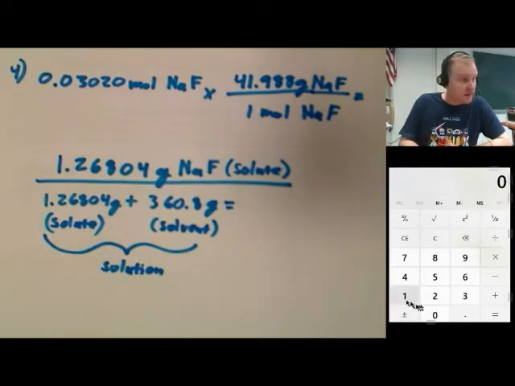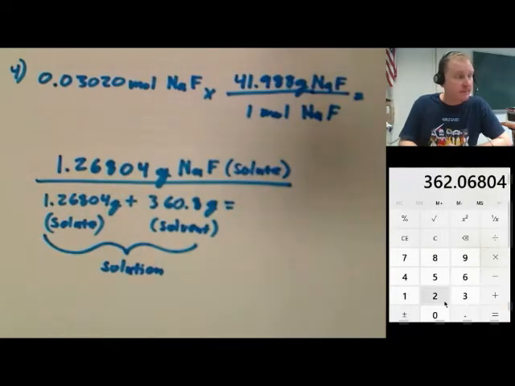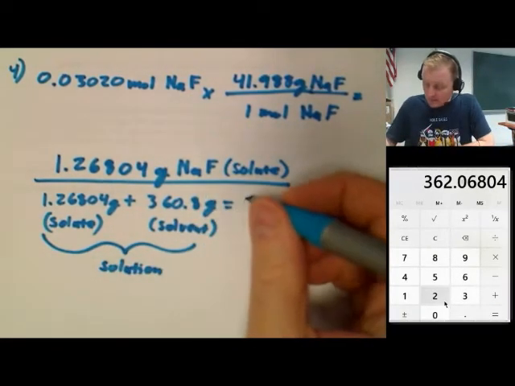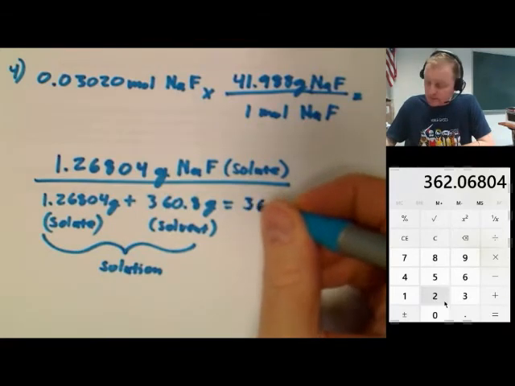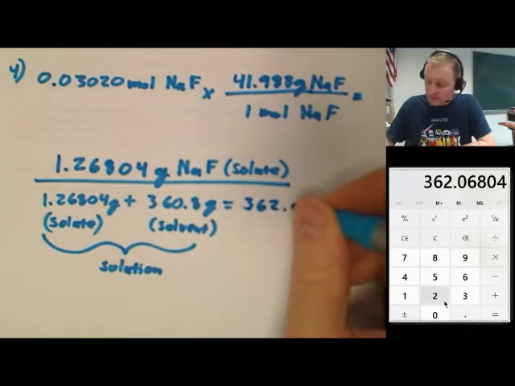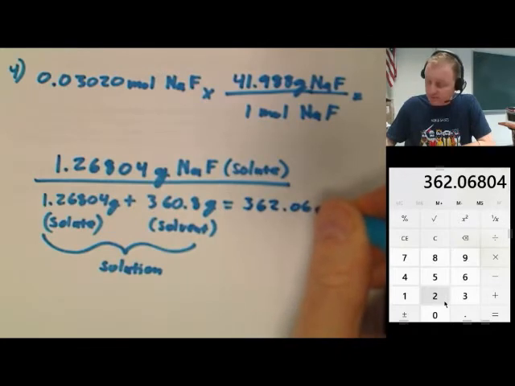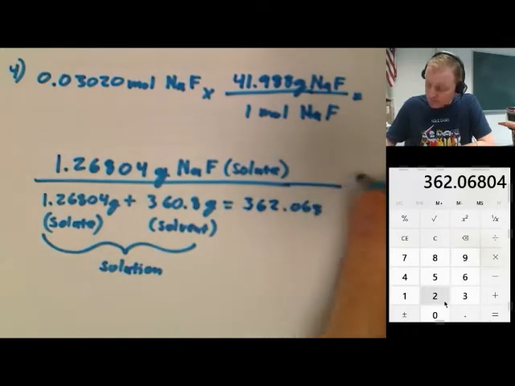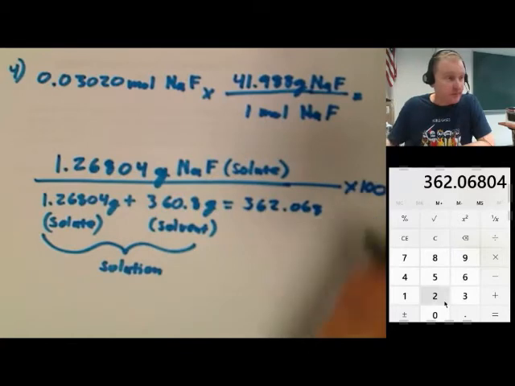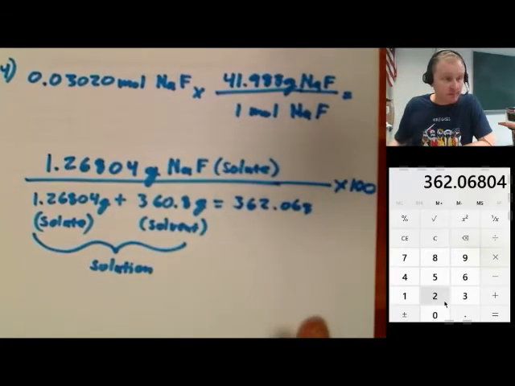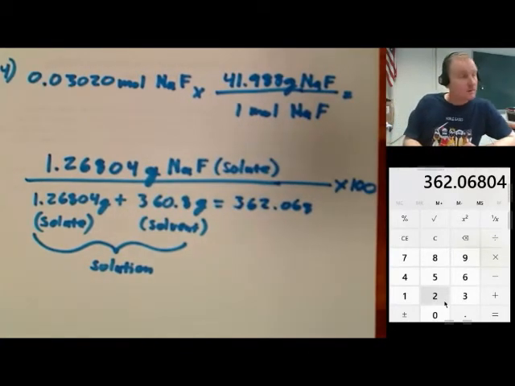So we're going to add those up together: 1.26804 plus 360.8. That would be 362.068, times 100. So let's just calculate that out.